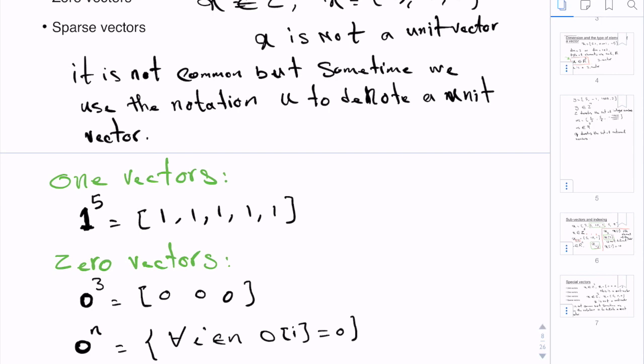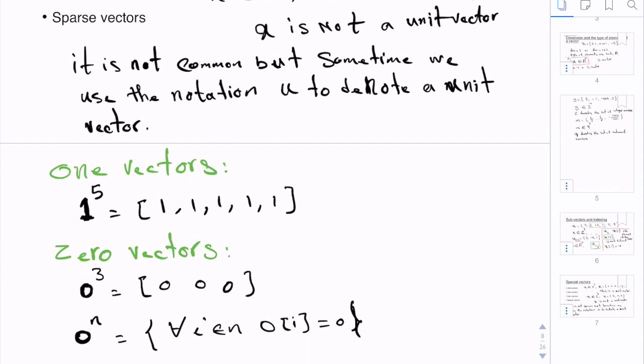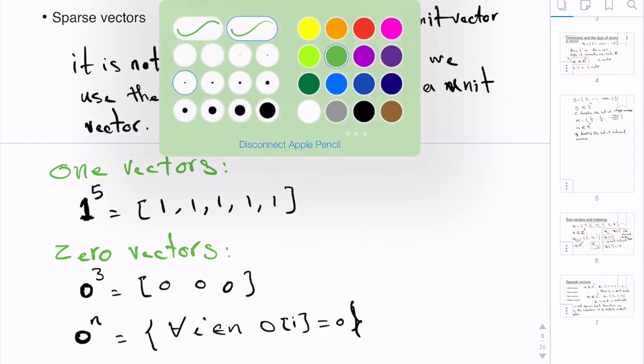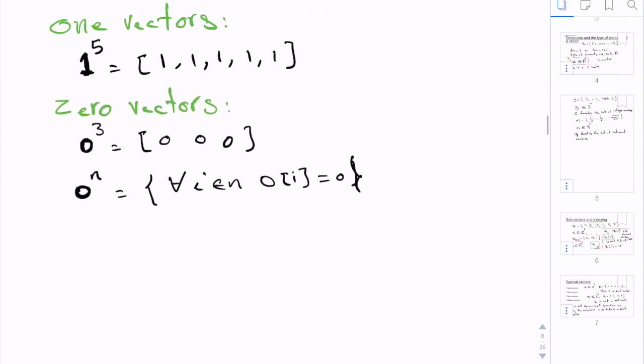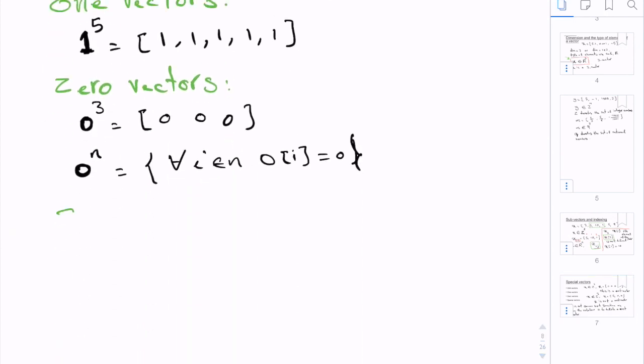So that's a definition for a zero vector. The next vectors are sparse vectors.